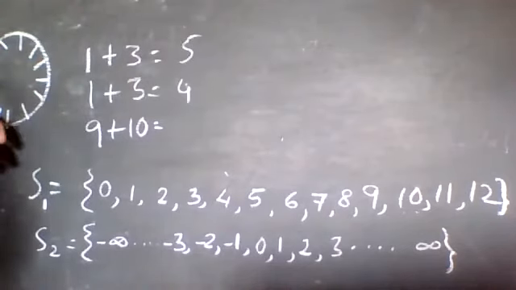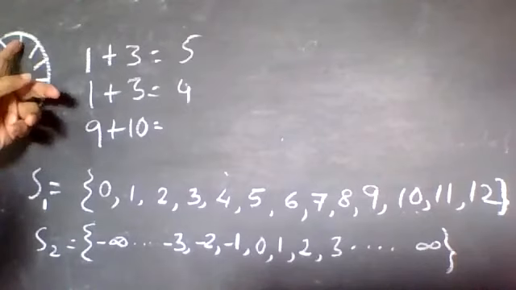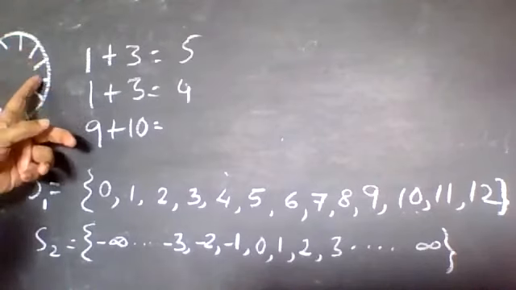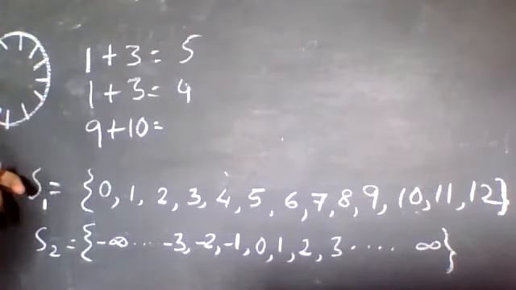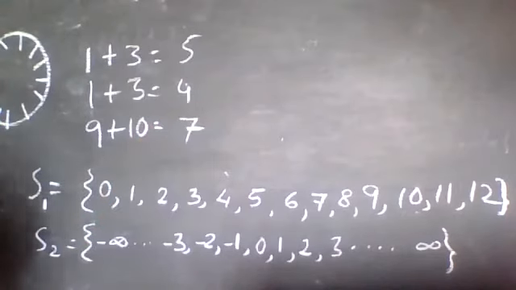Now what is 19? You just count, this is 10, 11, 12, 13, 14, 15, 16, 17, 18, 19. Now in the clock, what does it read? It reads 7. So it is 7. It is called modulo addition. It has a modulo 12. That is, the number cannot be greater than 12.